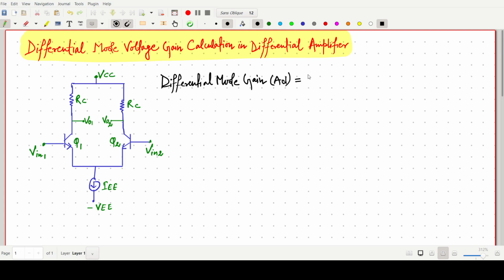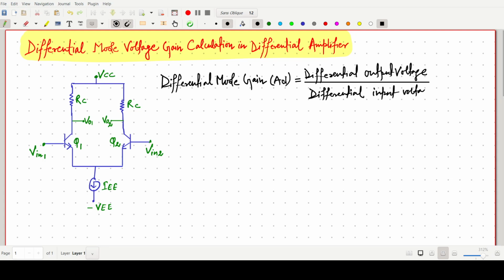So here the output will be the differential output voltage, divided by the differential input voltage.